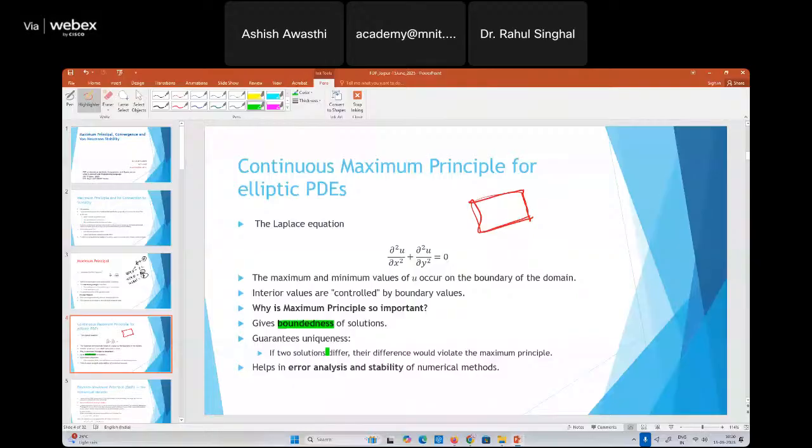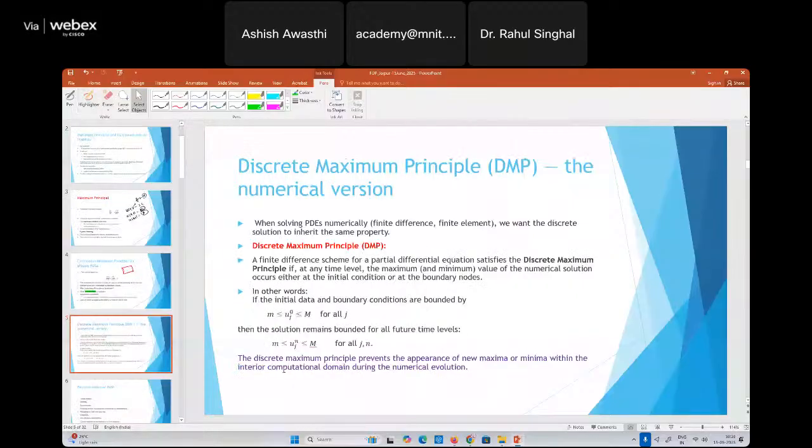You see that more challenges come. Suppose you have a partial differential equation, which could be parabolic, hyperbolic, or elliptic. Now what happens when you apply any numerical method, could be finite difference, finite element, or any method? You have actually removed the continuity and made everything in terms of numbers.